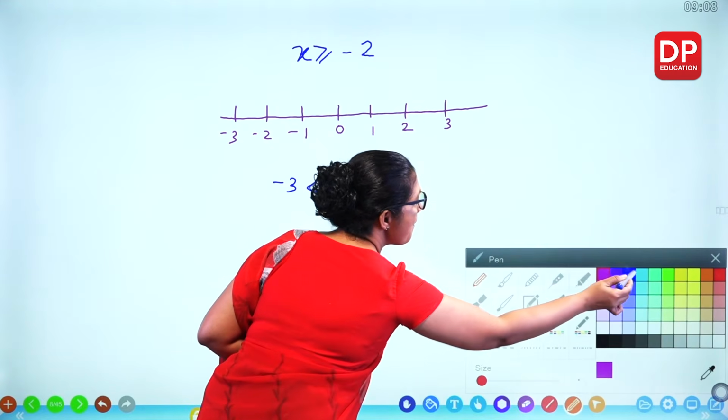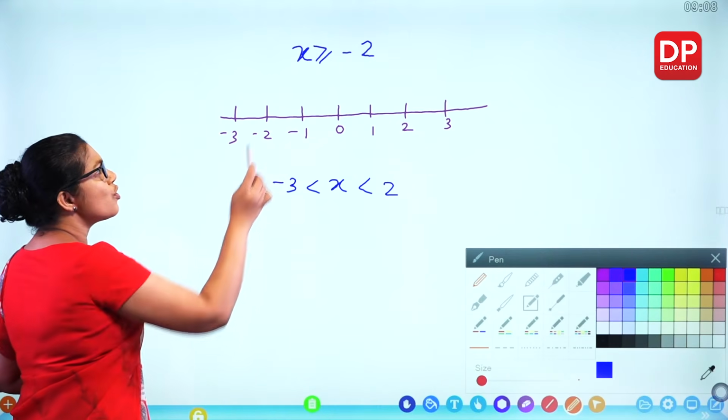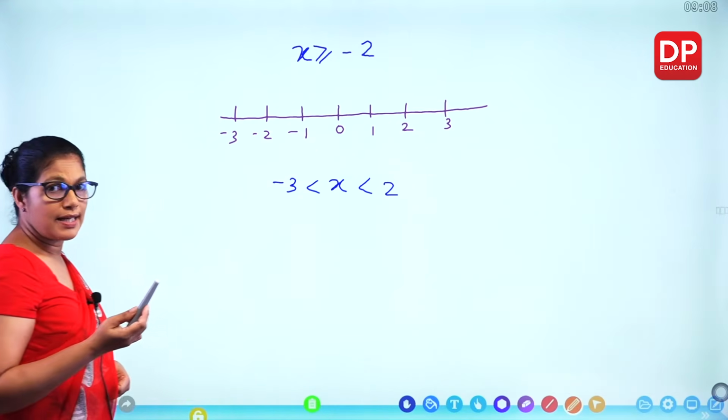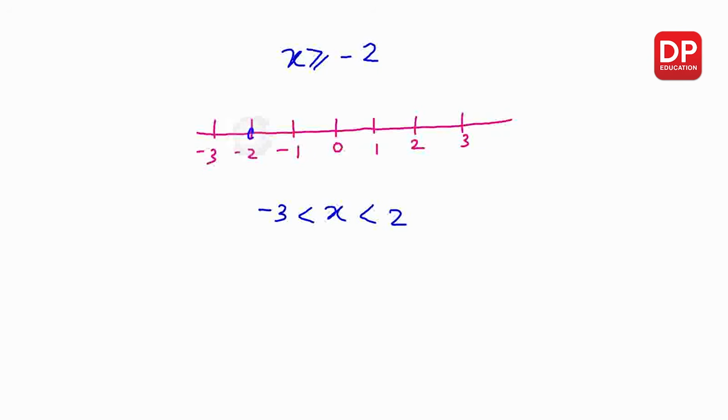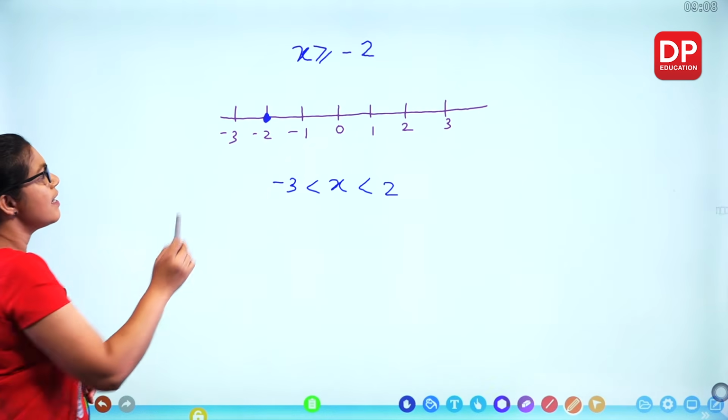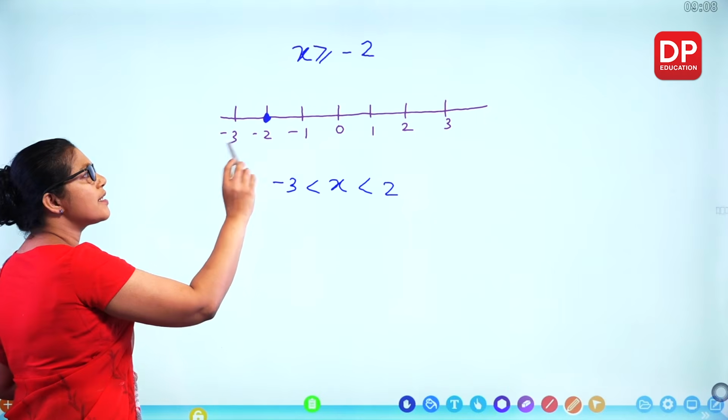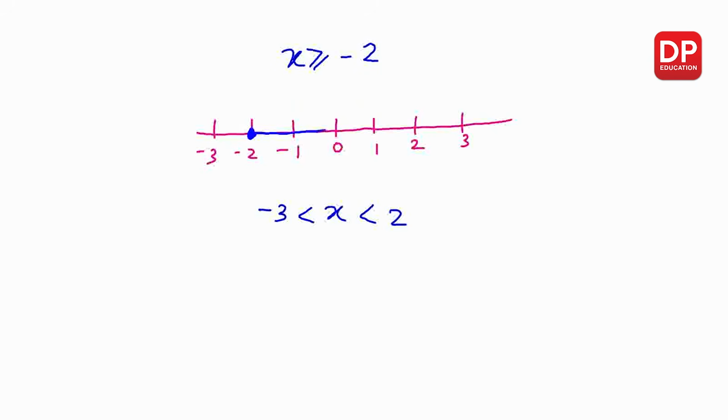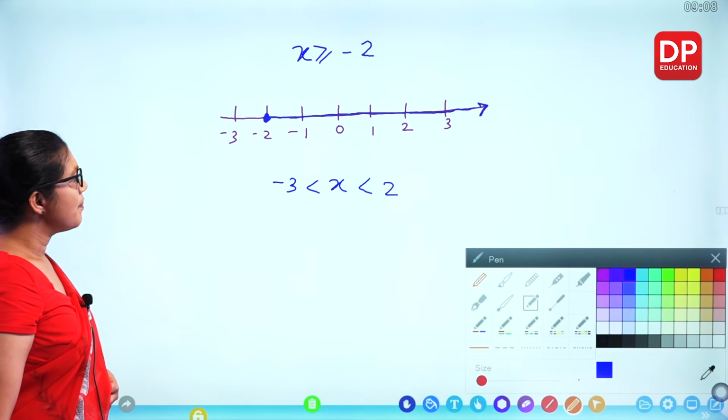We can mark the number. Minus 2 is included, so we can draw a solid circle, color the circle. And then greater means towards the right side. So we can draw this line towards this side. So you can draw an arrow like this. What about the other one?